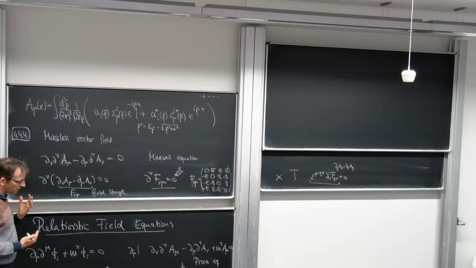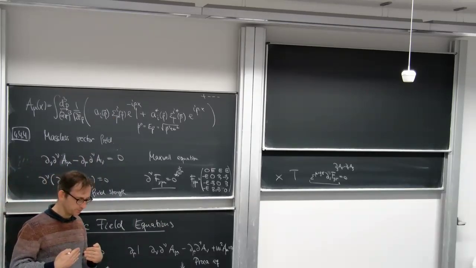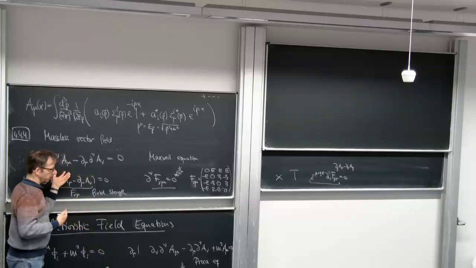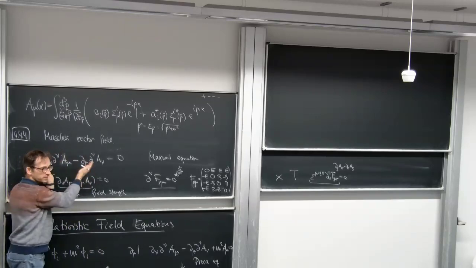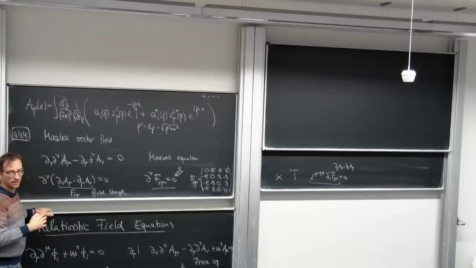So now I don't know what the logic is. Do we have this equation and derive two polarizations? Or is it, hey, I have a photon in mind, I know it has two, so I have to do something here? And really, the honest logic is the second.